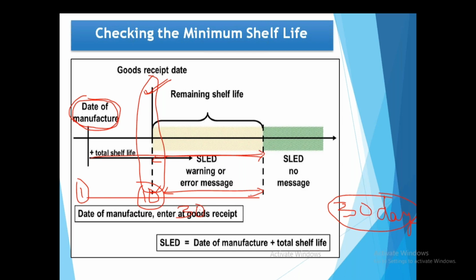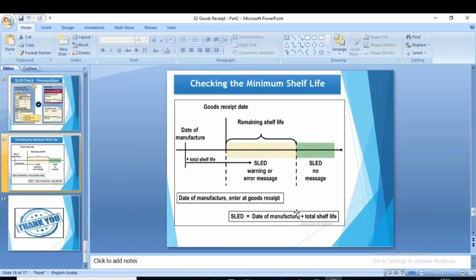So if you maintain the remaining shelf life as 20 days in the material master, it will allow. Let's say you are receiving on the 12th day. Now what is the remaining shelf life? Only 18 days. So that time the system will not allow you to do the GR. So this is the remaining shelf life. I'll show you this in the system, you will understand. So SLED means date of manufacture plus total shelf life.